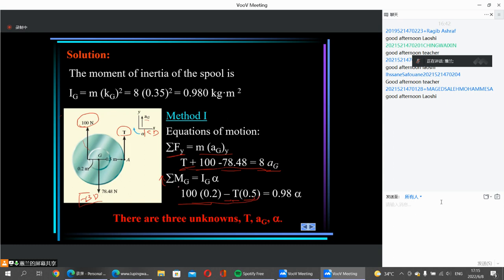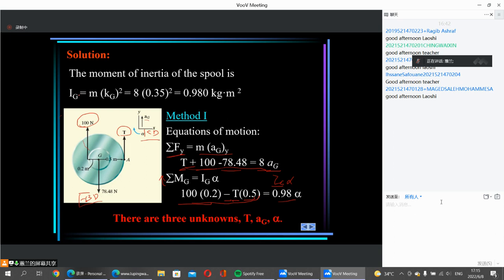The left-hand side is calculated from the FBD. It should equal the moment about the mass center of the kinetic force system, so equal to IG alpha.